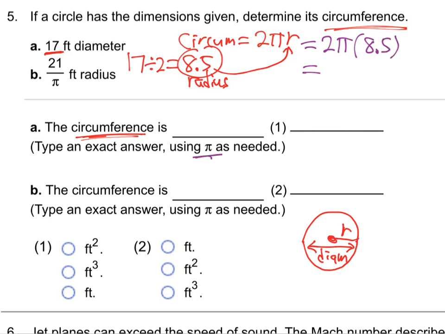So when you multiply that together on part A, you just leave the pi and you just multiply the two numbers. 2 times 8.5. It's going to go back to 17. The answer is 17 pi. I just did 2 times 8.5. So the circumference is 17 pi, and they want the units just the same, feet.